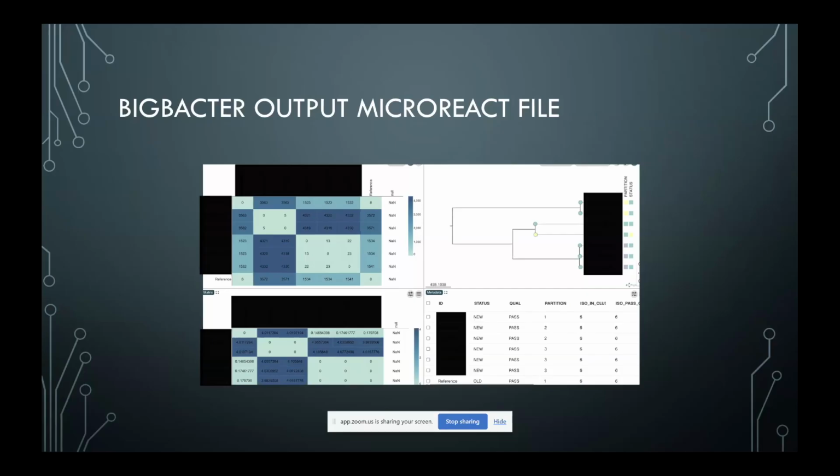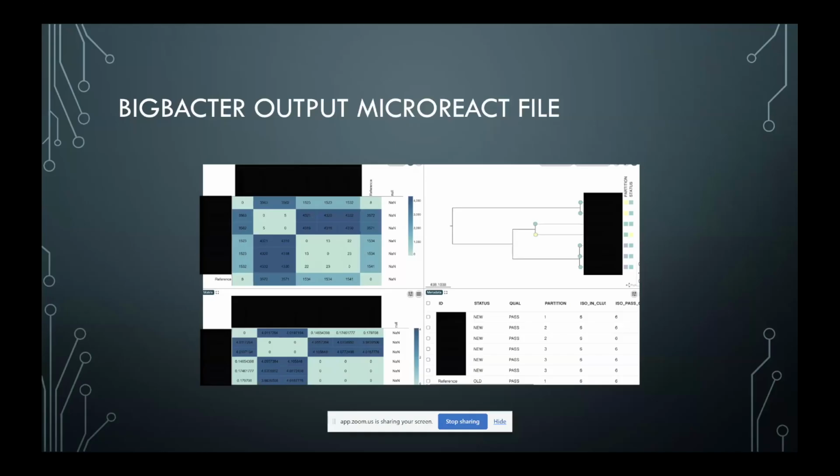The top right has the Newick tree generated for you as a phylogenetic tree. And you can see the partition metadata blocks and status. It shows you which samples are old and new. And then also the partition section of that shows you which samples are more closely related by color. And this metadata column or box in the bottom right is the tabulated summary. I don't think that's particularly useful.